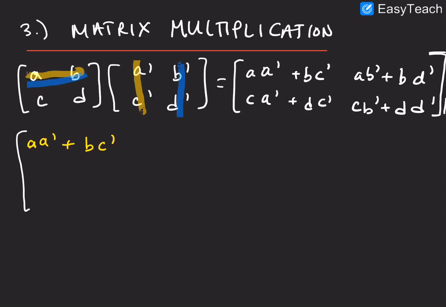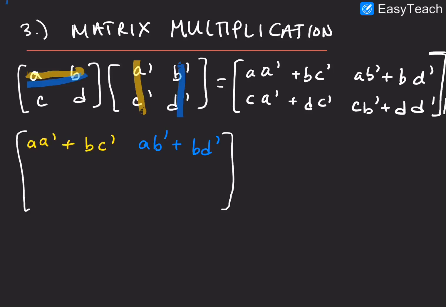And that is going to be A times B prime plus B times D prime. Okay. And I'm trying to organize this as clean as possible.